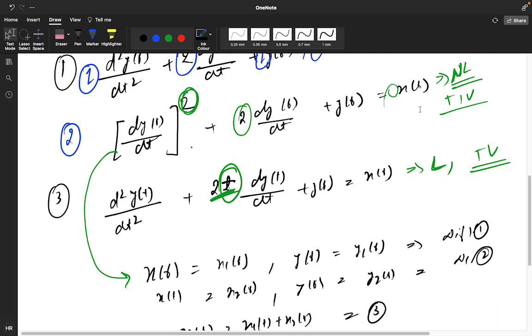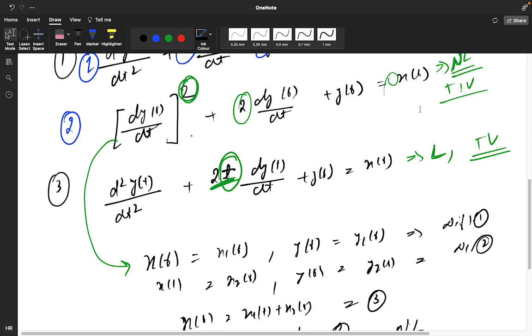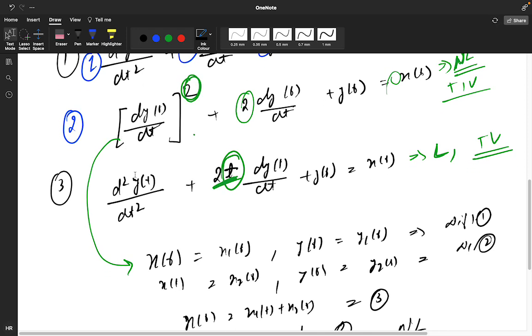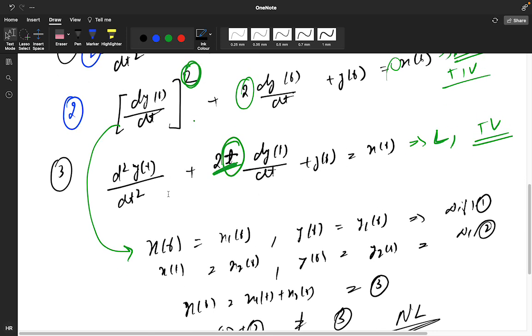Now if you put x1 plus x2, you will get only (dy/dt) the whole square, not the sufficient answer. This will come as (y1 plus y2) the whole square, which gives y1 square plus y2 square plus 2 y1 y2.